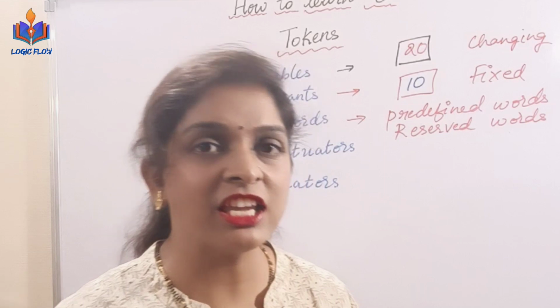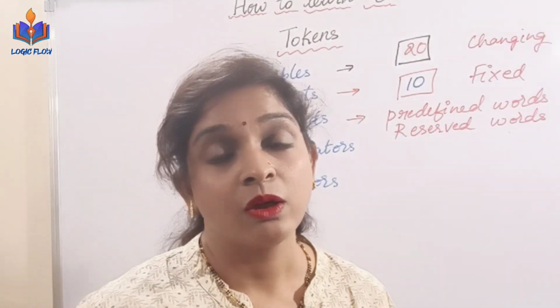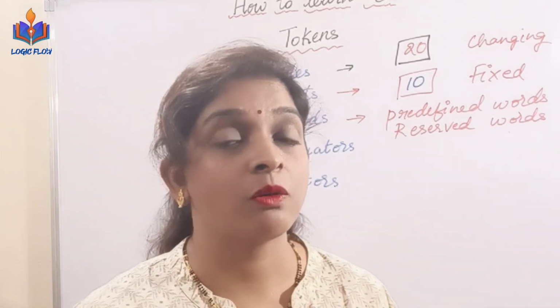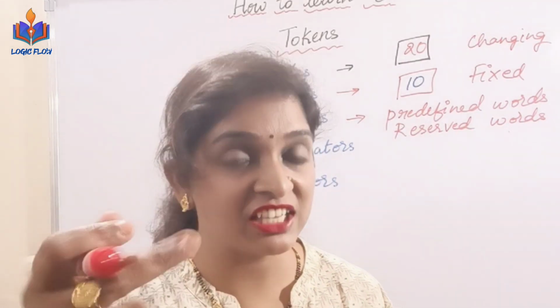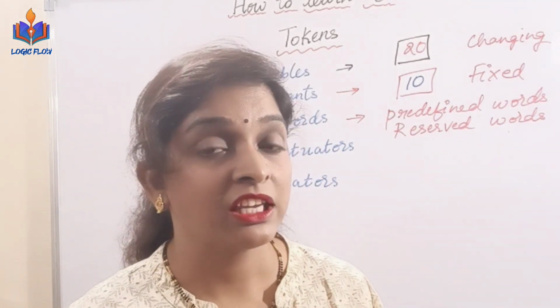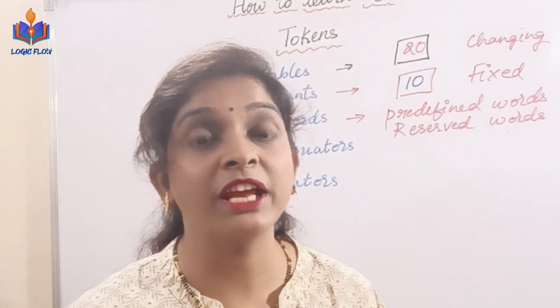You have many keywords. As I said in the initial classes, while explaining the features of C, please watch the previous video; the link is given in the description. I have discussed the keywords. In C we have 32 keywords, each with a predefined meaning.